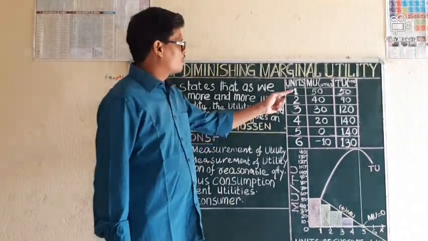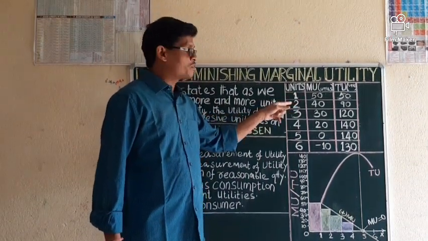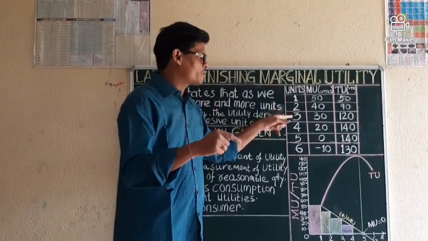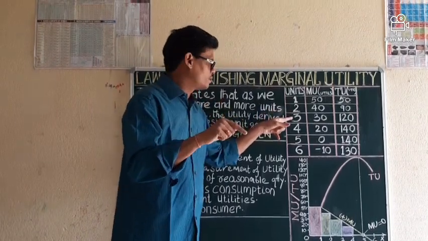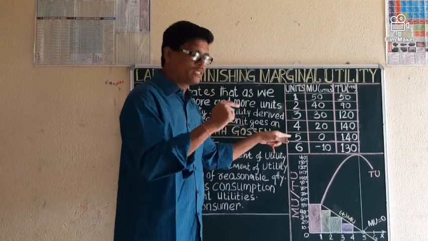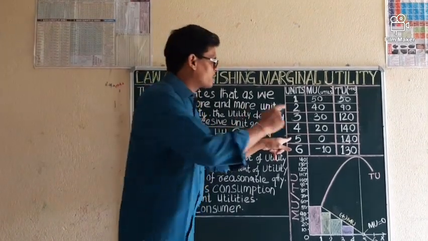So here the first unit is giving 50 and the consumption of the second unit is giving an additional 40. The third unit is giving an additional 30. The fourth unit is giving an additional 20. And when your mother is insisting you for the fifth one, although you are not intending, still you are consuming.